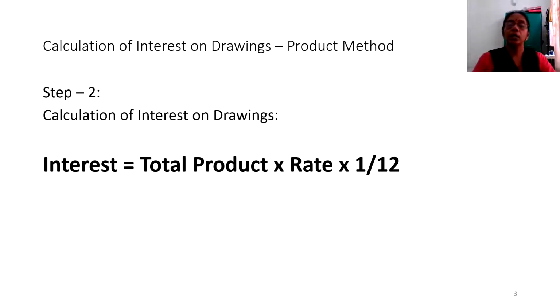When you ascertain the total product, interest on drawings is computed using a simple formula. Interest on drawings is equal to total product into rate into 1 by 12. 1 by 12 is a constant retained in the formula, which denotes the average of a monthly drawing interest of the partner.